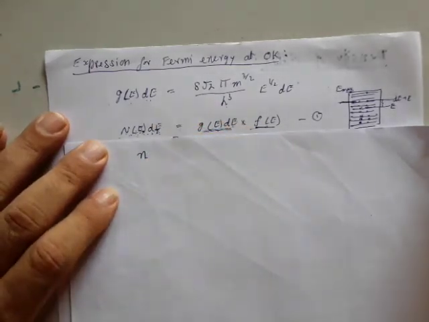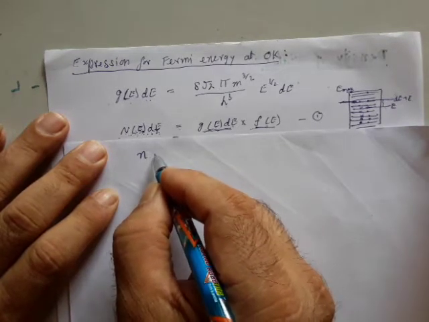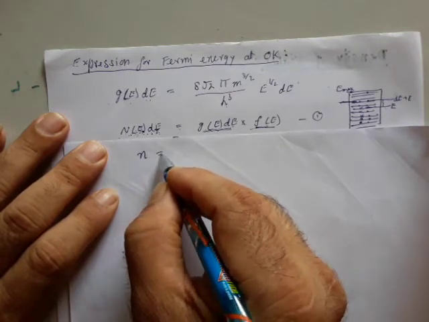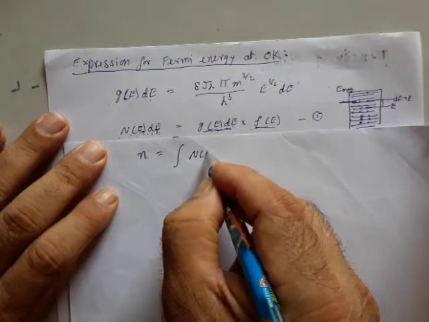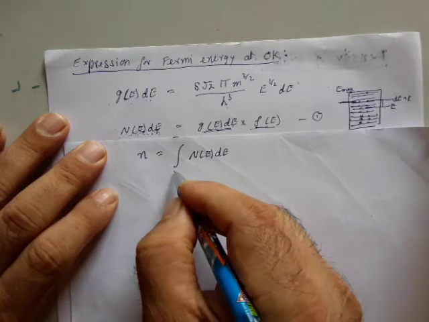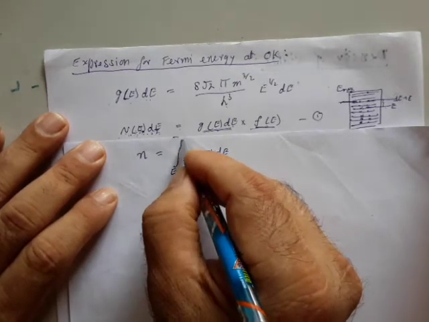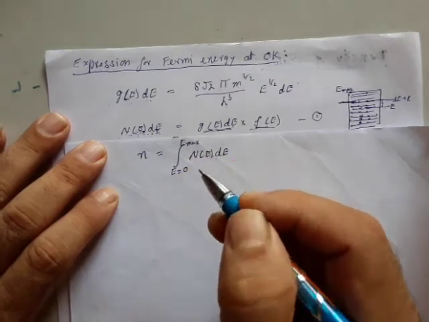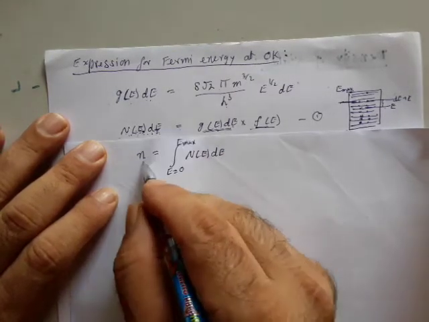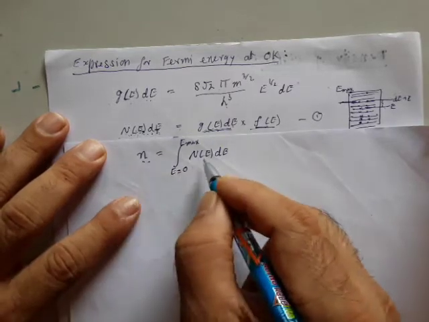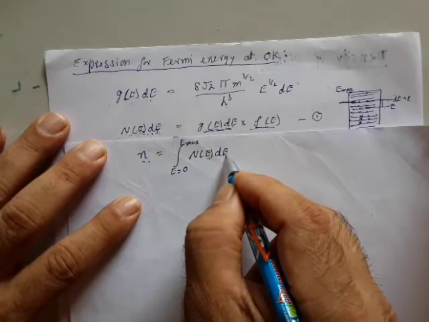So, the total number of electrons present within the energy band is given by the integration of this n of E dE from the minimum energy, the lowest energy, which I call zero energy, to the maximum energy, which I write as E maximum. So the total number of electrons present per unit volume depends on the integration of the number of electrons present within this range.